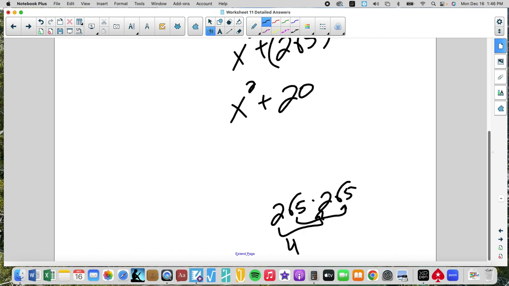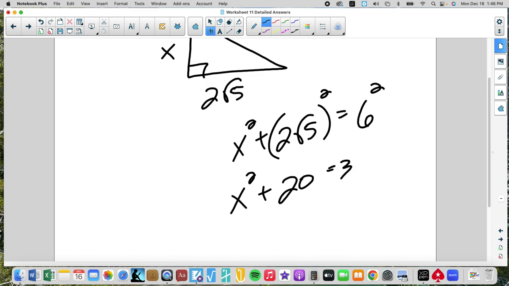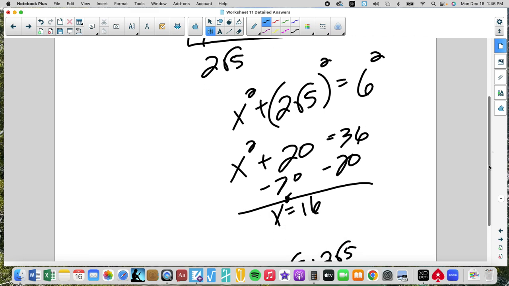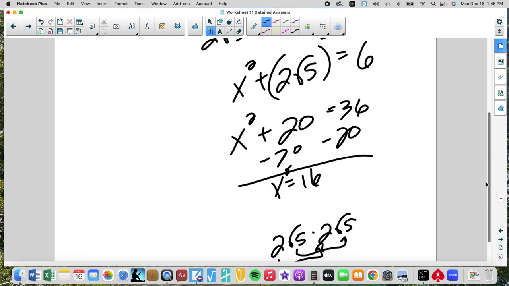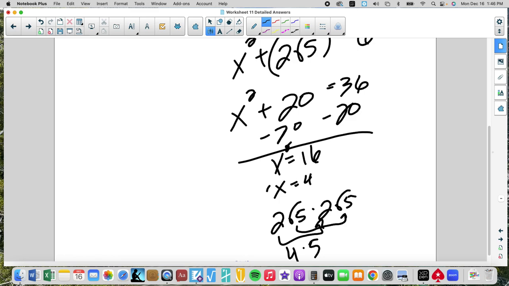Rad 5 times rad 5 is 5. So that's why it equals 20. Equals 36, minus 20, minus 20, x squared equals, oh my goodness, 16. How cool is that? I just made this up. And x equals 4. Boom, that is so cool.